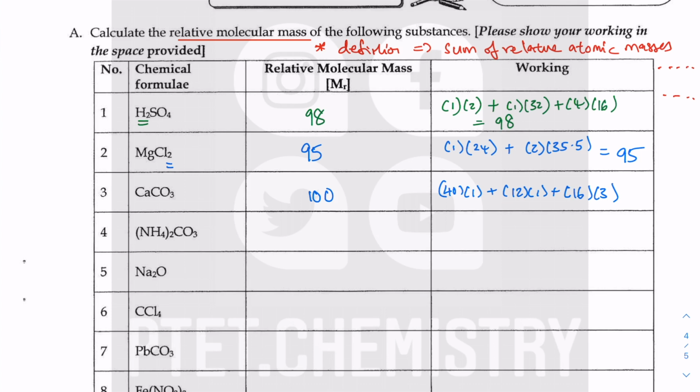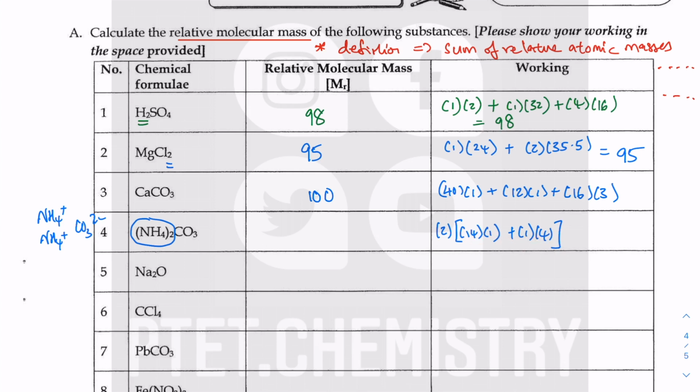The next one is a tricky thing. What does the NH4 twice mean? It means you have NH4 plus, NH4 plus, and then you have CO3 2 minus. So I'll put a 2 outside for the whole multiple, 2 lots of the whole thing. Now what is inside? I have 14 for the mass of 1 nitrogen times 1, plus 1 times 4 because I have 4 hydrogen, each of which is 1, then close bracket.